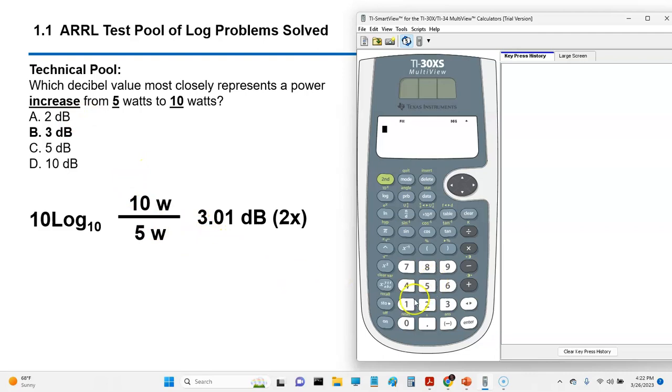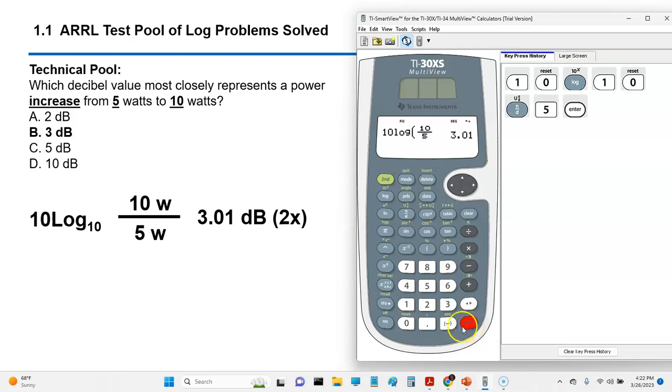The way we would do that is we would type 10 log, and then put 10 on top, click the numerator denominator button, put 5 on the bottom, and then press enter, and that's going to give us our answer of 3.01 dB. So that's how you do that problem.